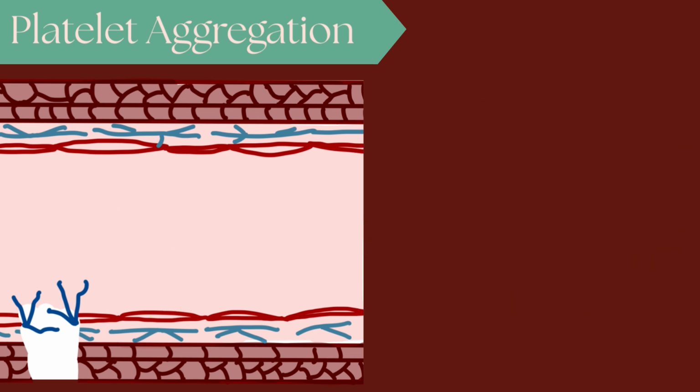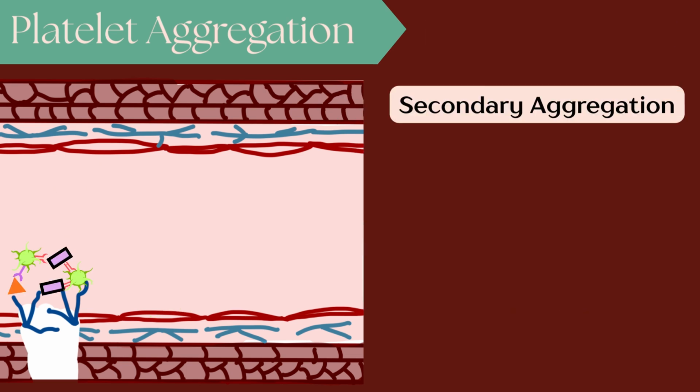Then we have our secondary aggregation. You still see our initial platelet plug formation is still thin. It can be reversible. It can still easily break off. So we want to solidify that, make it stronger, form some sort of fibrin mesh.